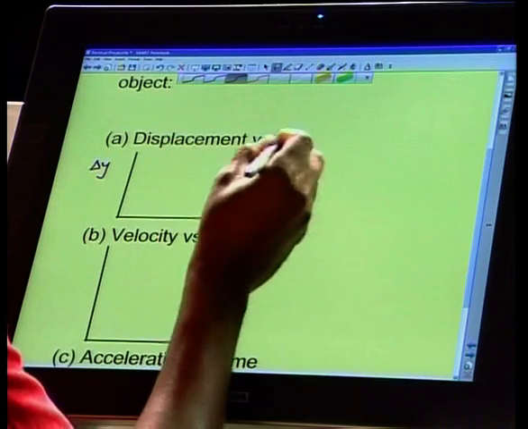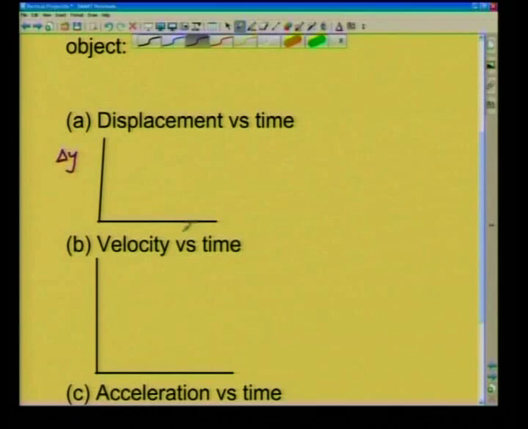It is displacement versus time, therefore this axis here will be time, delta t. Another thing we need to put in here are the units in which these quantities are measured. We know that displacement is measured in meters, time is measured in seconds. So we can do that.